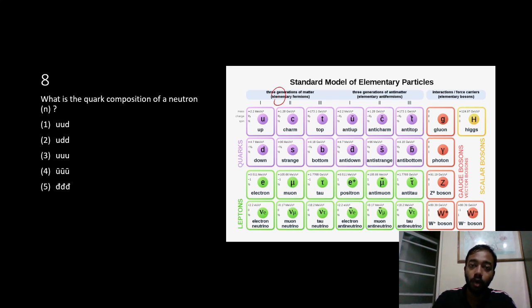The up quark has a charge of plus 2 over 3, while the down quark has a charge of minus 1 over 3. So the neutron is composed of 1 up quark and 2 down quarks.